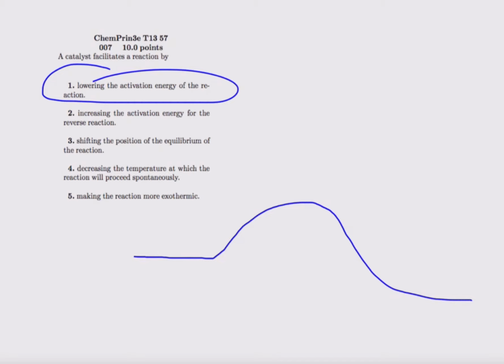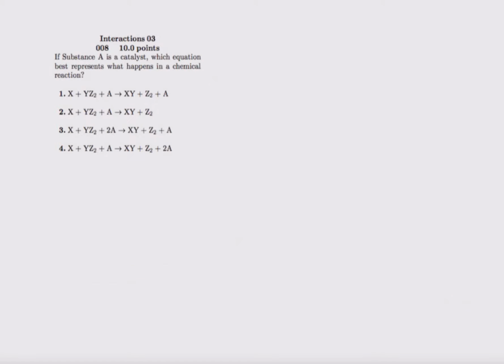How much energy does it take to get over that hill? Well, a catalyst comes along and makes the activation energy lower, which means more molecules or atoms can get over that activation energy, and therefore the reaction can proceed more quickly.